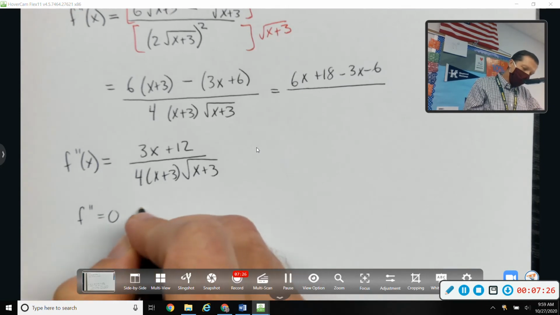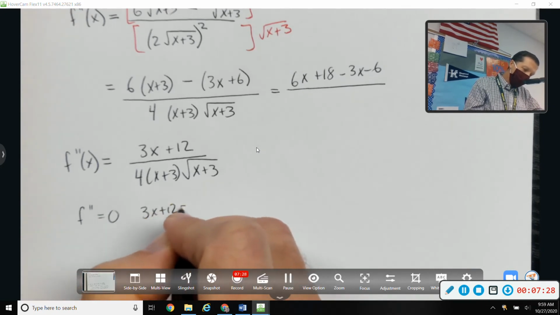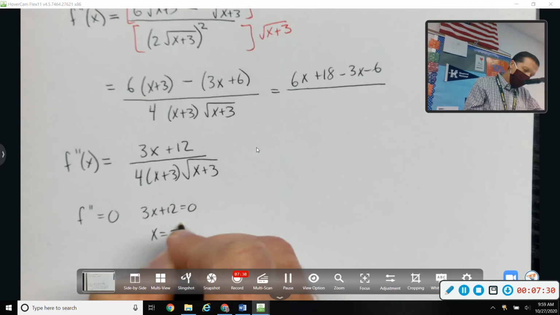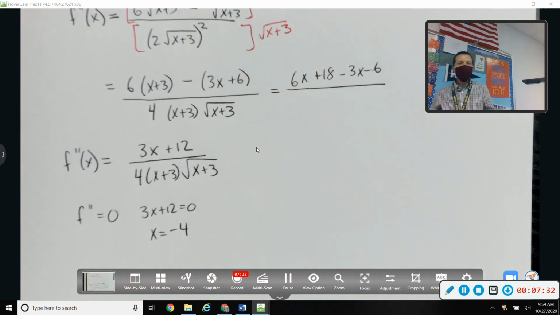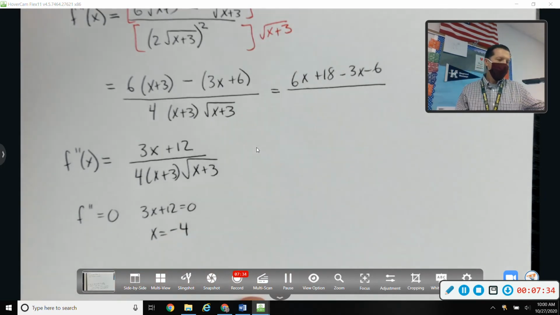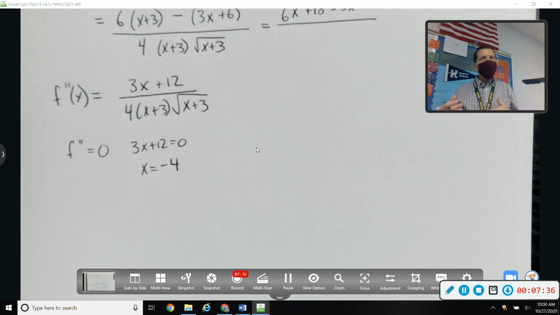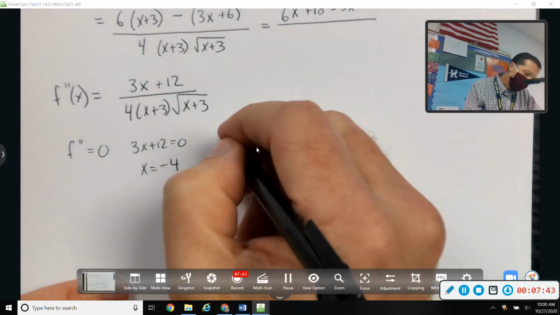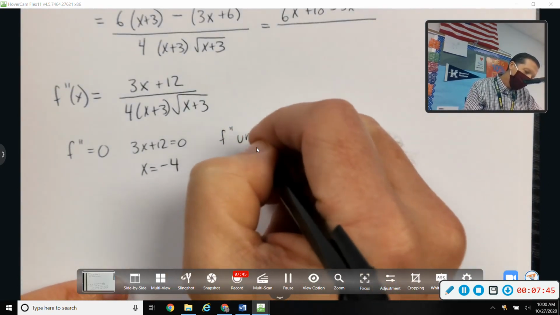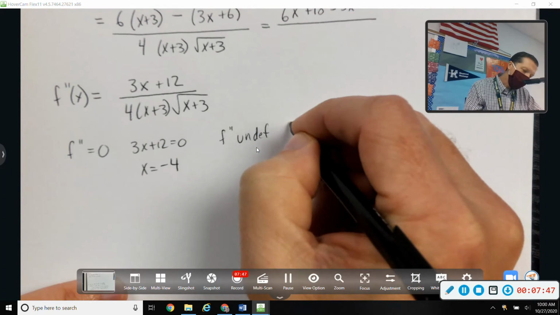So it's equal to 0 if the top is 0. So x equals negative 4. There's one of our, again, they're not critical points because we're dealing with the second derivative, but it's kind of the critical point of the second derivative. The second derivative is undefined if the bottom is 0.